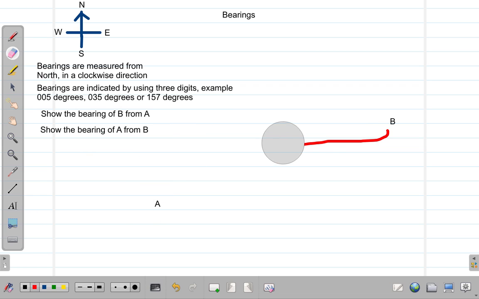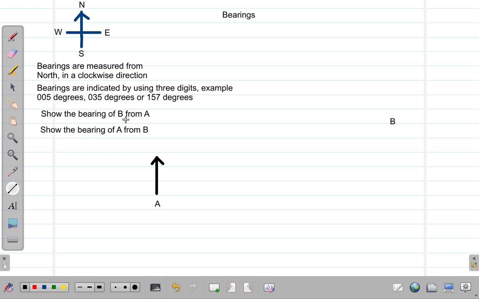Now, let's see what those bearings are like. Bearing of B from A. From A means you show your north line at A. Once you show the arrow, it indicates the north line. You don't necessarily have to put the letter N to show that it is north.